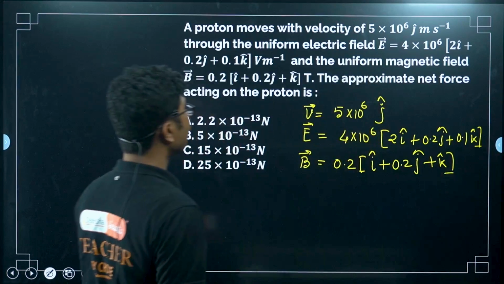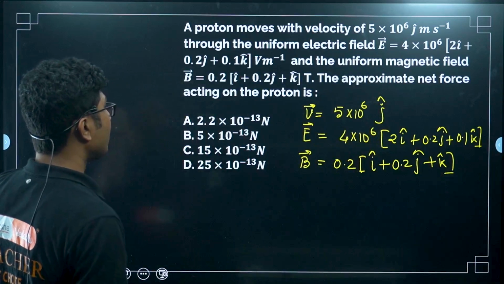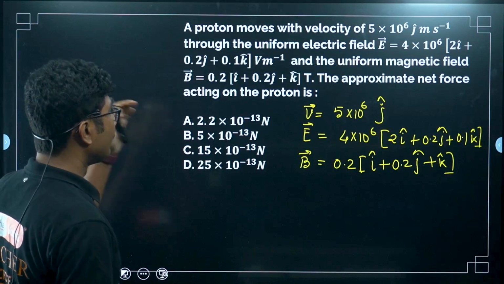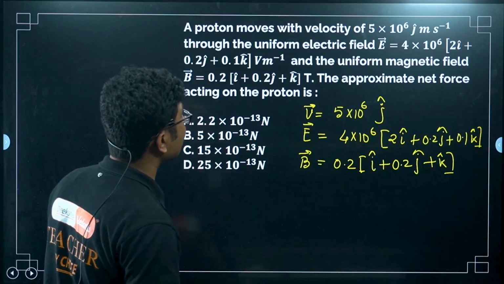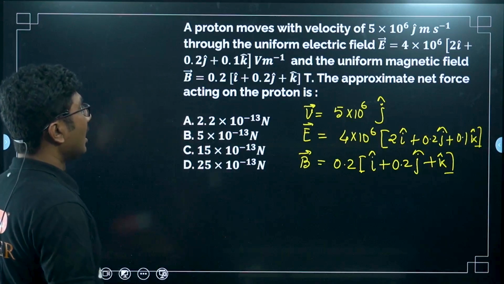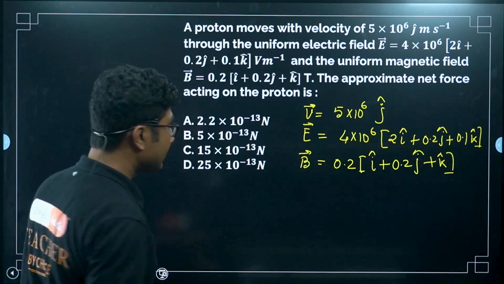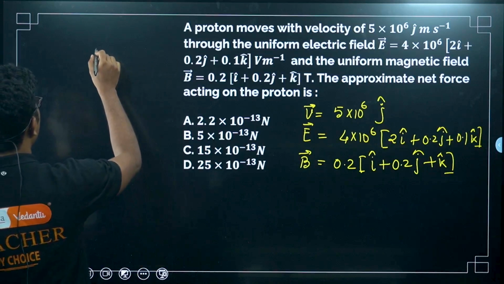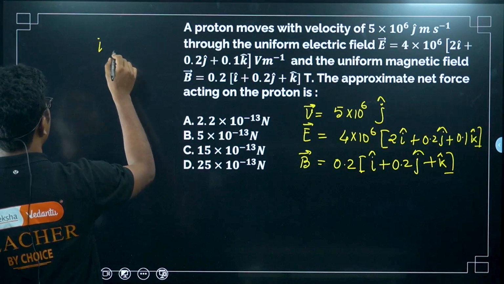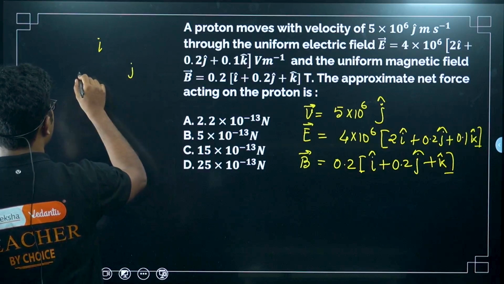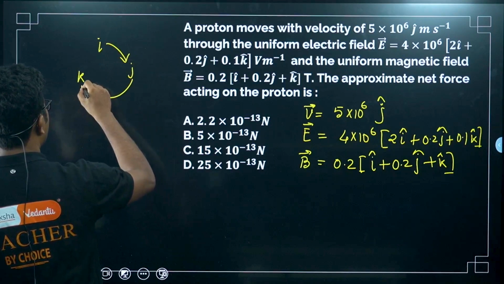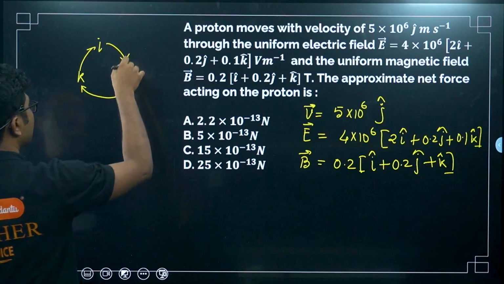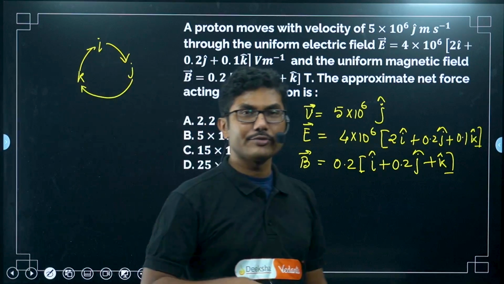Now, to solve this problem, you have to remember a few things about the cross product. When we are doing cross product, we use this circular rule i j k, right? i cross j equals k, and k cross i equals j, and anything opposite to that is negative.